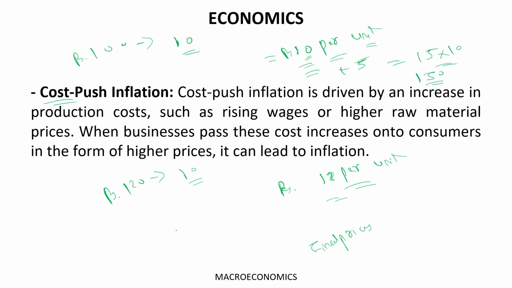In the second case, if rupees 12 is the internal production cost and rupees 5 is my profit, then it becomes 17. And now when it's multiplied with 10 units, then 170 is the cost. Now what happened here? The cost has been increased. Okay. So now you can say inflation rises up.